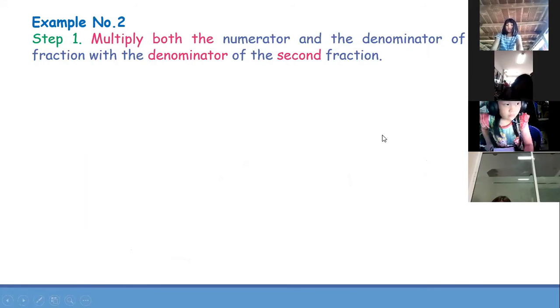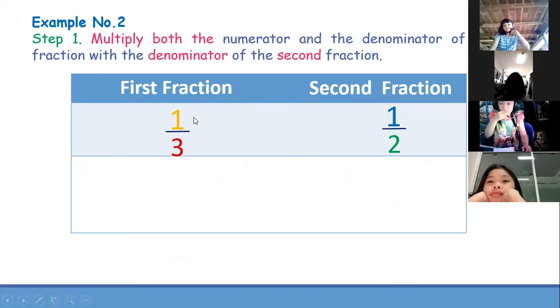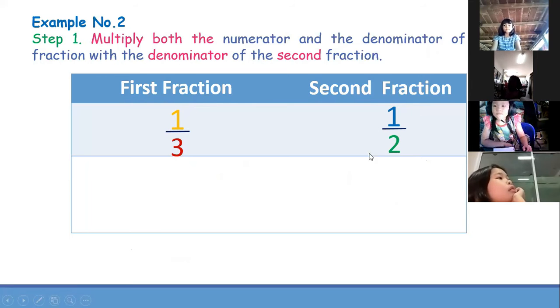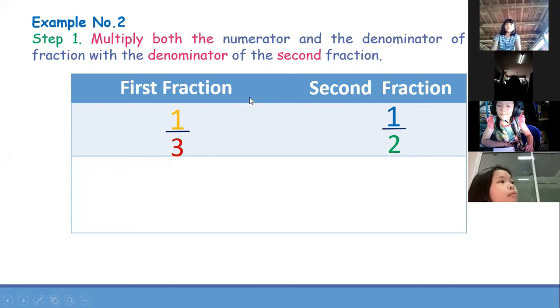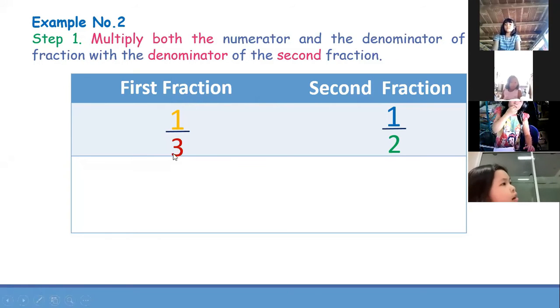Okay, example number 2. Again, we have here the fractions. First fraction, we have 1/3. Second fraction, how do you read this one? You have to read this one as a half. 1/3 and 1 half.